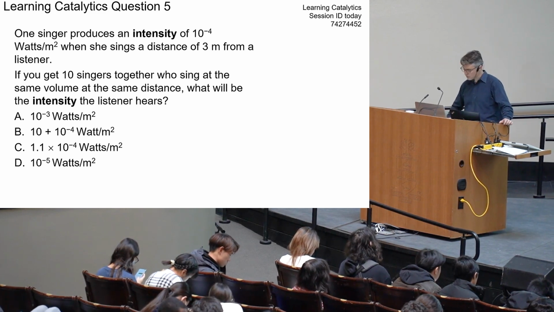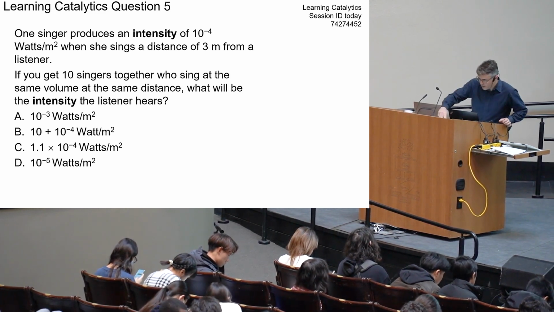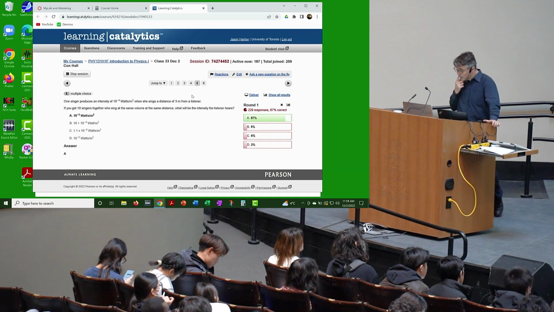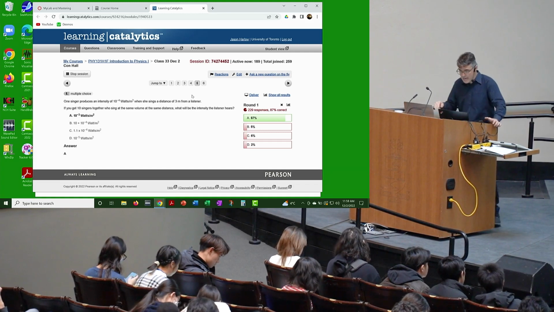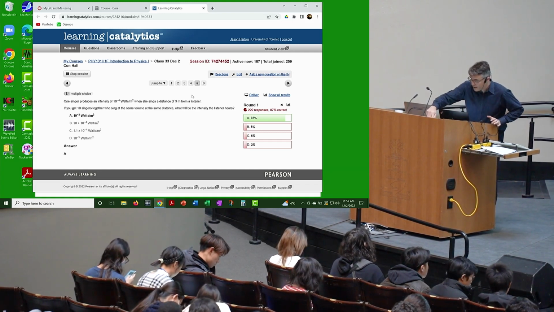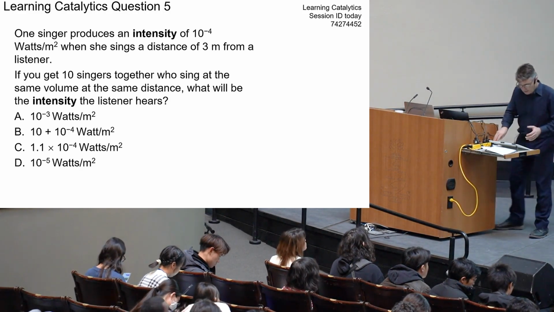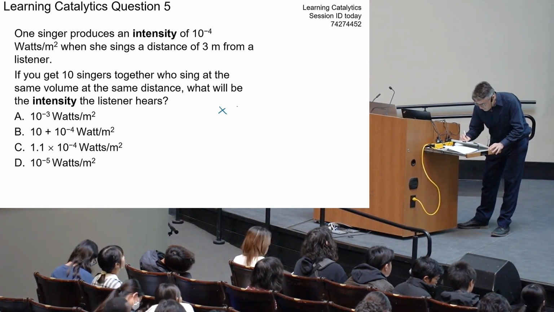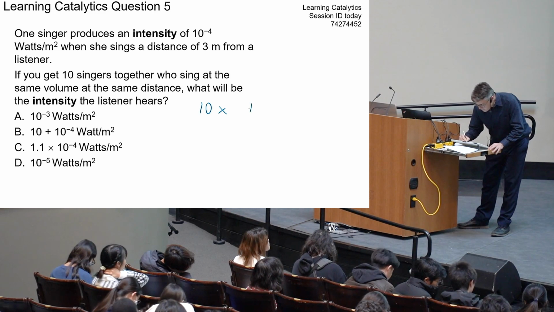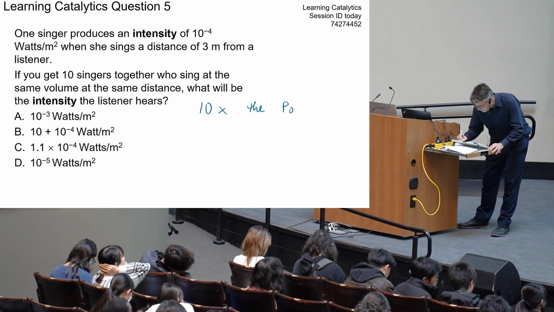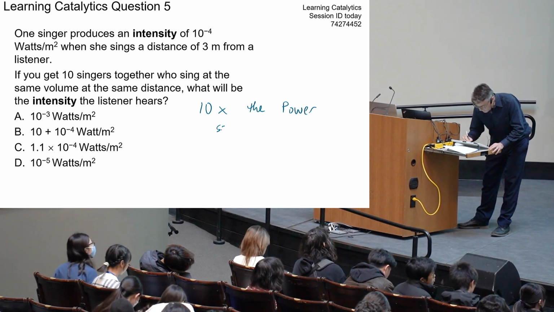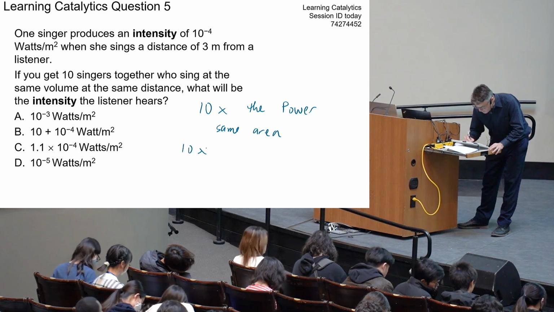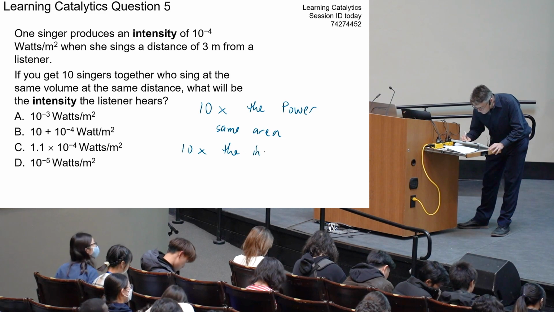Going once, going twice, and yeah, this was the one I liked, 10 to the minus 3 watts per meter squared, meaning that you're just multiplying. There's 10 singers, so there'll be 10 times the power over the same area. And so I would just say 10 times the intensity. So that's the idea.